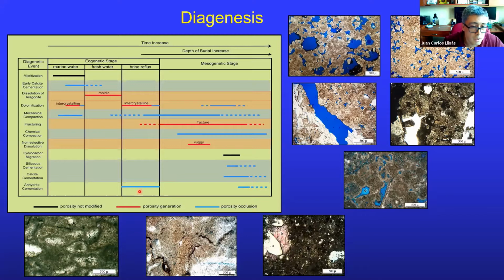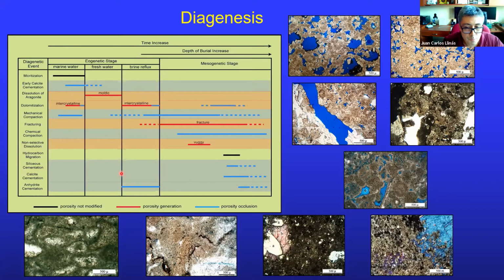And then we have several late stage cementation events, including siliceous, carbonate, and these anhydrite. They can be easily recognized because they fill all kinds of pores, and they have these large anhedral, sometimes poikilotopic crystals.